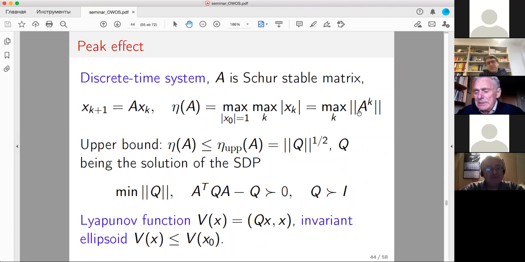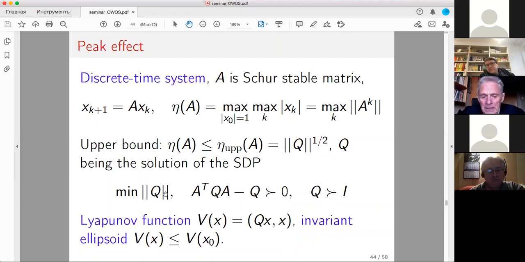It's the same as maximizing the norm of the power A^k over k. It's hard enough to calculate this quantity, but there is a simple upper bound for it. And the upper bound is the following.